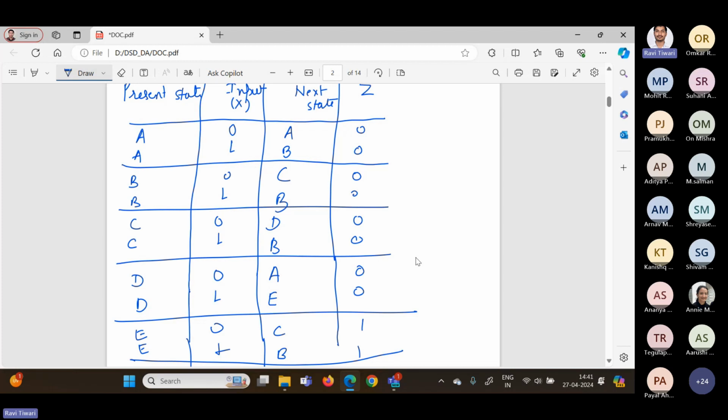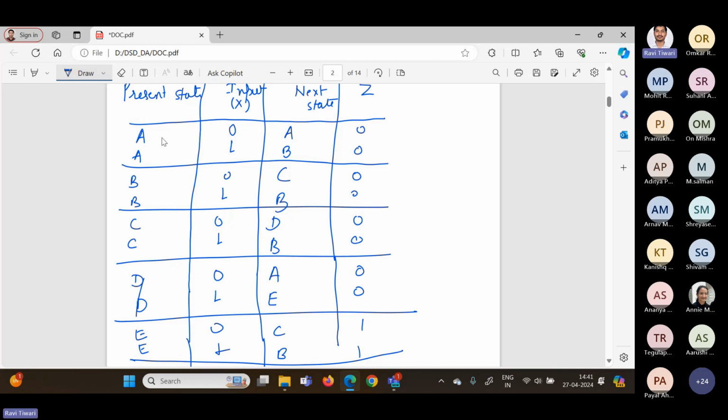Now here we have, as you know, that A, B, C, D is the alphabet, and that we cannot use in the digital design. So here we will use some binary encoded bits. As we are having 5 states, how many minimum bits are required to encode? We require 3 bits.